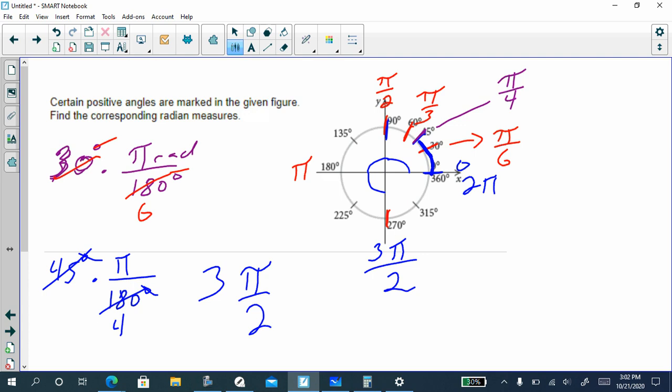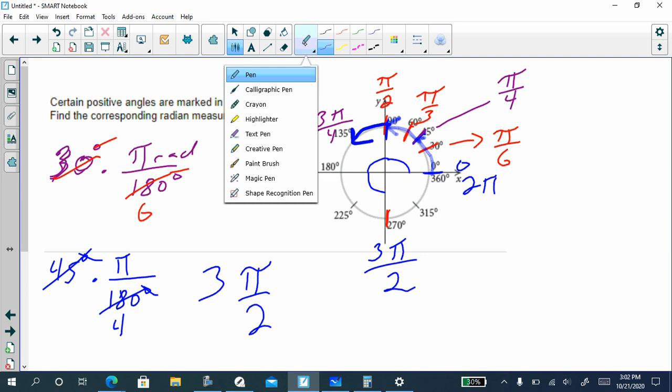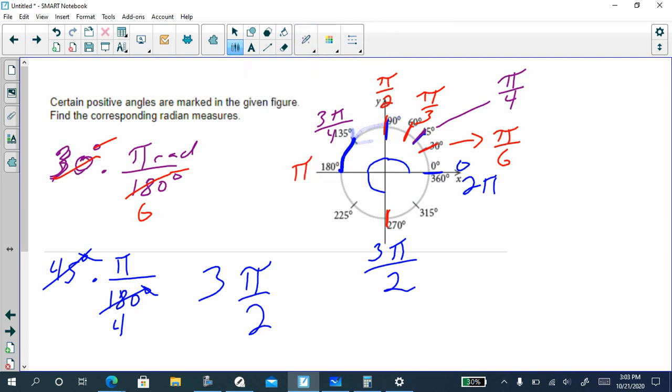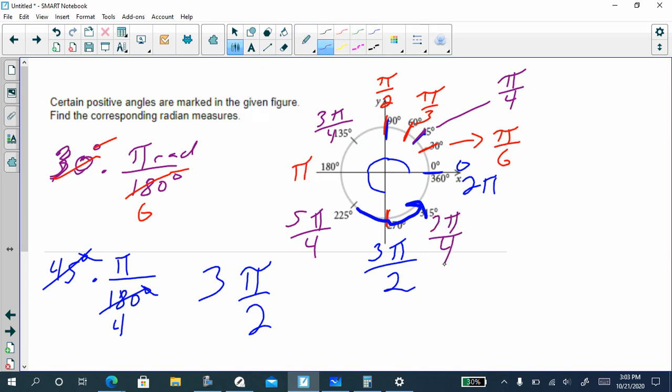So if we go to here, that's 1 pi over 4. That's 2 pi over 4, or pi over 2. This is 3 pi over 4. This would be 4 pi over 4, 5 pi over 4, 6 pi over 4, 7 pi over 4, and then when we get back here, that would be 8 pi over 4.